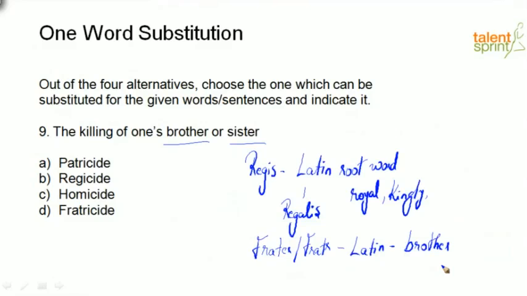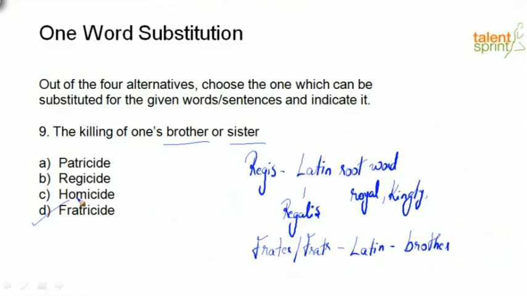Or it could also mean just a body of people united in interests, like a teaching fraternity. All of them are united because they share the same interest. So a feeling of brotherhood, brotherliness, right? So having said that, we can easily go ahead and select option B.